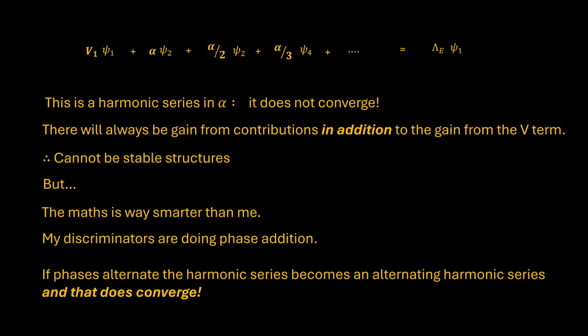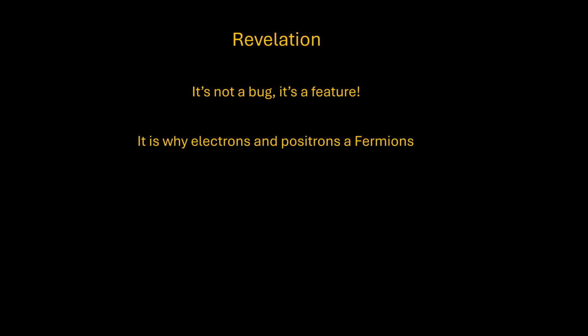So what was a harmonic series becomes an alternating harmonic series, and these do converge. So the revelation is that I hadn't found a bug, I had found a feature. It is not apparent yet, but phase alternation is going to explain the fermionic nature of electrons and positrons.